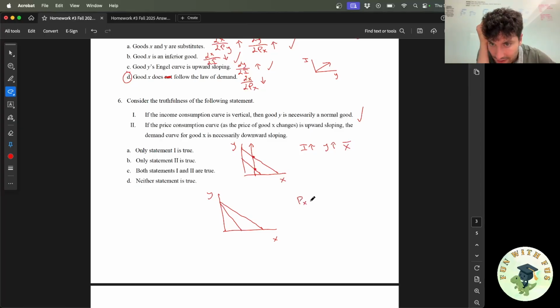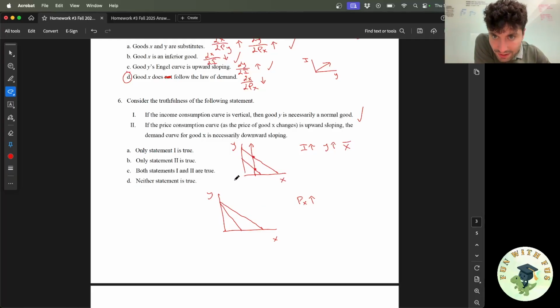But you can choose however you'd like to do it, but this is the format of ICCs and PCCs. On a PCC, you are always going to shift out. So one of these is going to have a changed MRT, and the other good is going to be at the same intercept. And for ICCs, you're always just going to draw two different income levels and draw it like that.